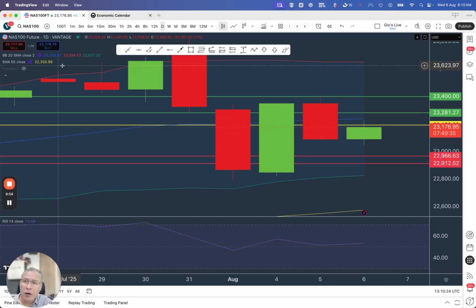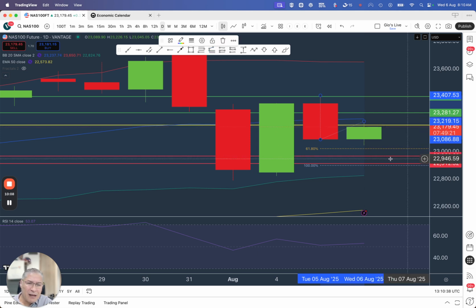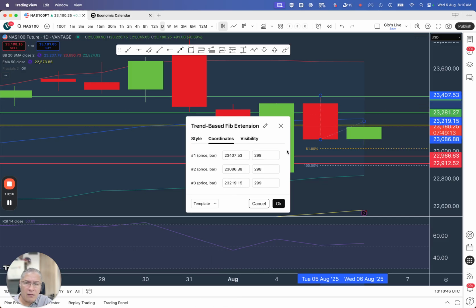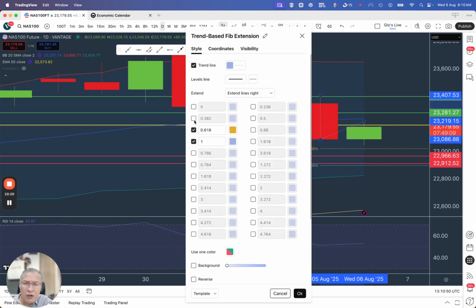Now, as far as the market showing us that the trajectory will continue to go lower, let's use the trend-based Fib extension. We'll measure yesterday's move from a high to its low, to the high that it made so far today, and see which levels we can use as far as the Fibonacci goes.